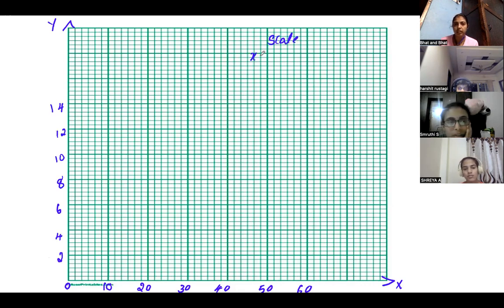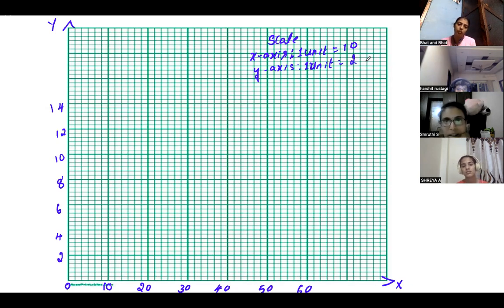On the x-axis, 1 unit, which is 1 box, will be equal to 10. And on the y-axis, 1 unit is equal to 2. Correct?